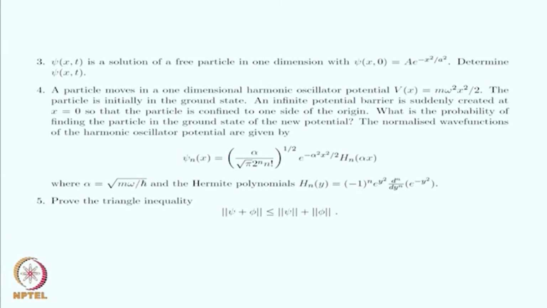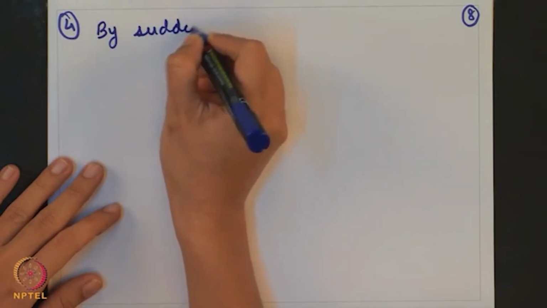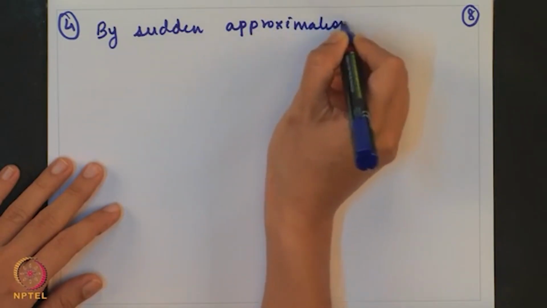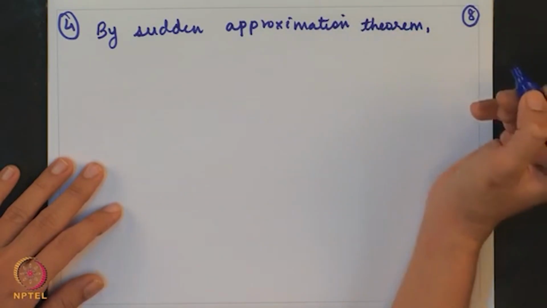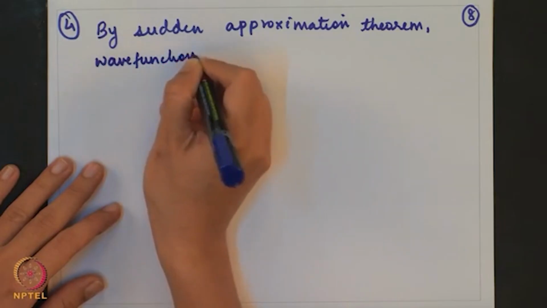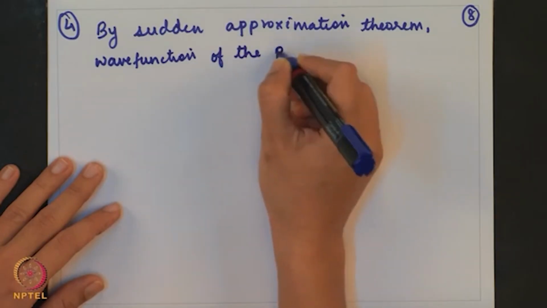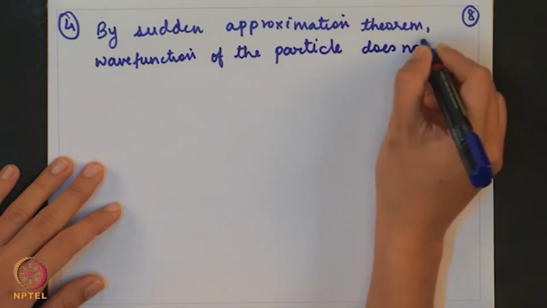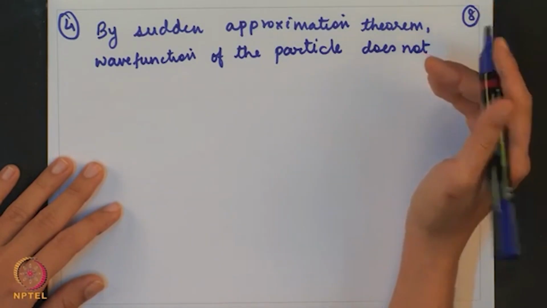Now, by the sudden approximation theorem, we can say that the wave function of the particle does not change with this sudden creation of the infinite barrier potential.